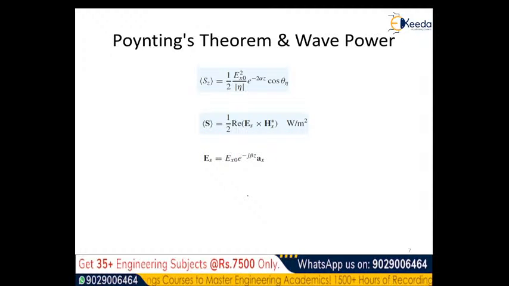So here we represent Hs conjugate as equal to Ex0 divided by eta conjugate into the exponential of positive j times beta z ay, that we can further express as Ex0 divided by mod of eta into e to the power j theta into e to the power positive j times beta z, and here the direction is given by ay.